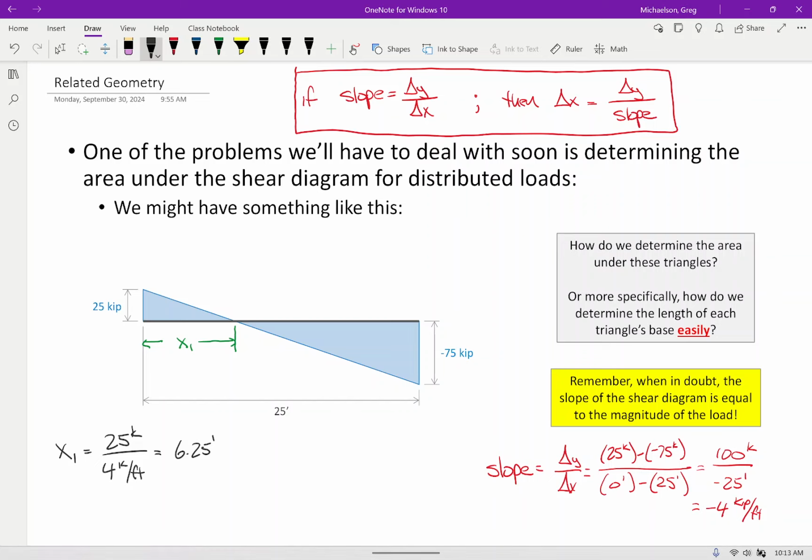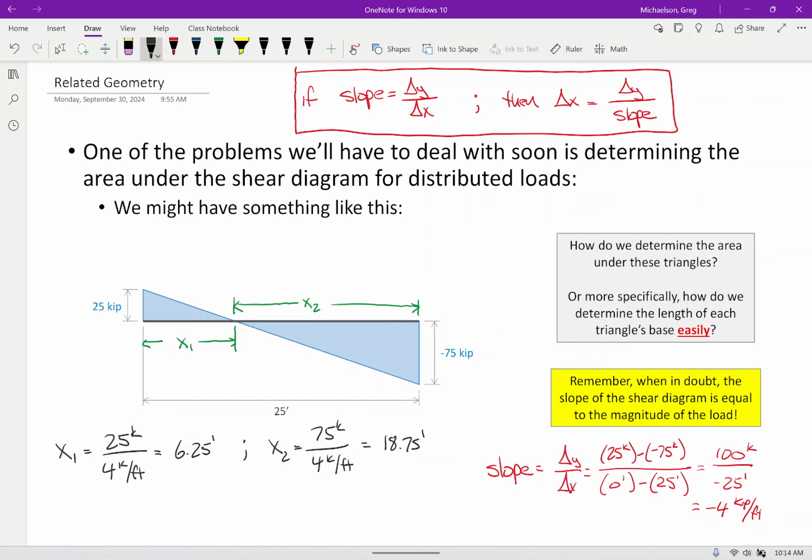Yeah. And then maybe x2. And we'll just use absolute values here. And what is that? Is that 18.75?